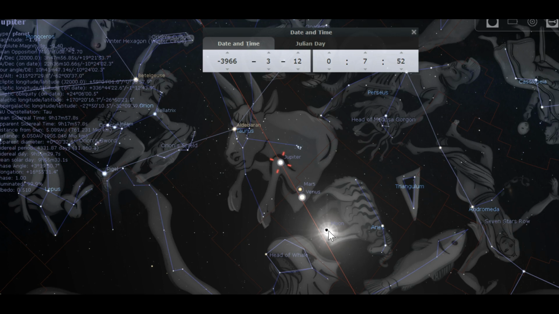When the sun is in Aries, at the start of the year, at the first day of the month, as the moon begins to pass the sun, what we find is that the sun is in a state of eclipse, okay? The moon is covering the sun. So this is March 12th, around midnight.